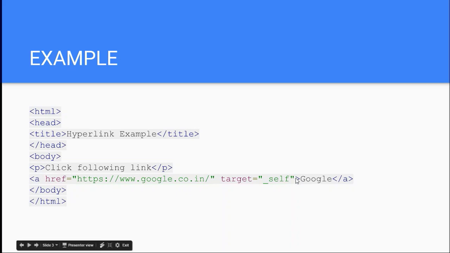In between we write href equal to, and we paste the URL here, and we write the target, that is underscore self. What is this underscore self? I'll explain that. And we write the name of the link here. So we say Google, and we close the anchor tag, and we close the body and HTML as well. This is a very simple program. Let us try to execute this one now.